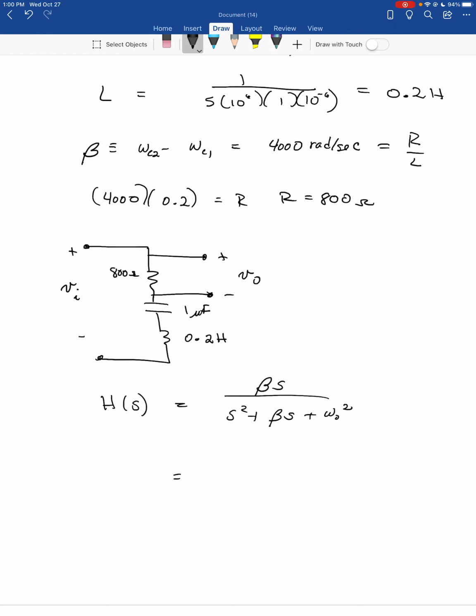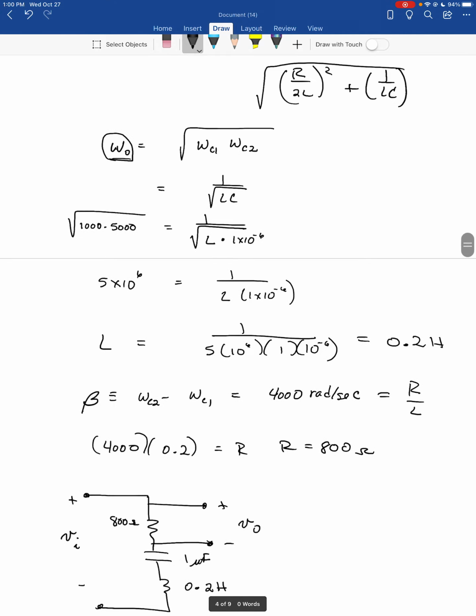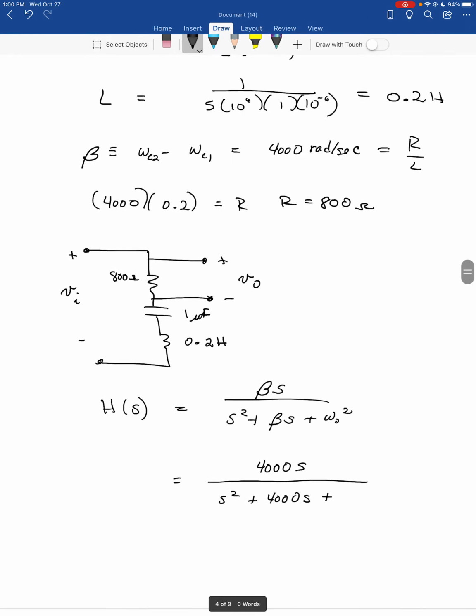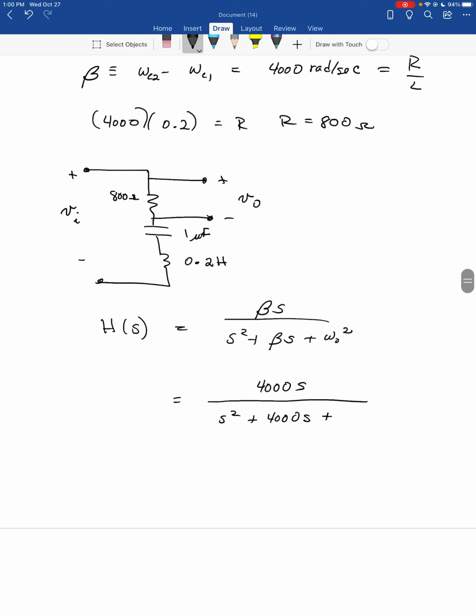So if I do that, beta was 4,000. And omega naught was what? It was the square root of 5 times 10 to the 6th. So omega naught squared would be this quantity squared, which is just 5 times 10 to the 6th.